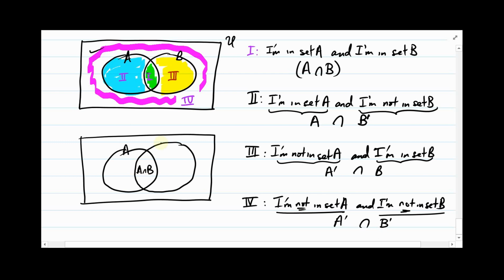Region 2, I'm in A and I'm not in B. Region 3, I'm not in A and at the same time I'm in B. And on the exterior, I'm not in A and I am not in B. So we are able to complete these.